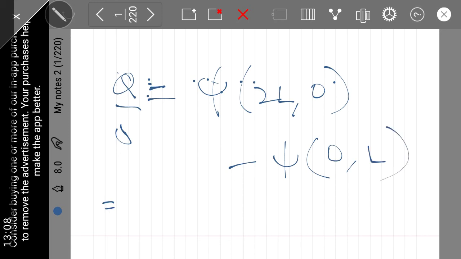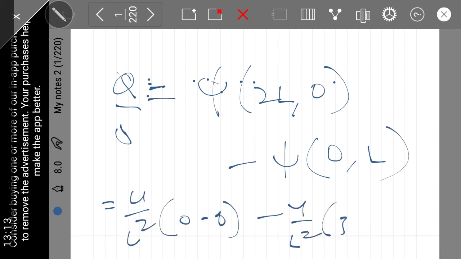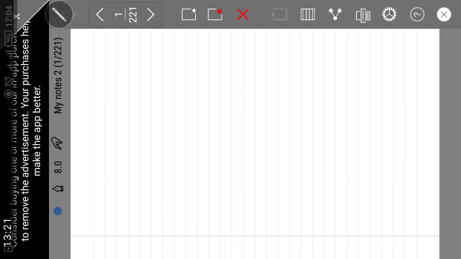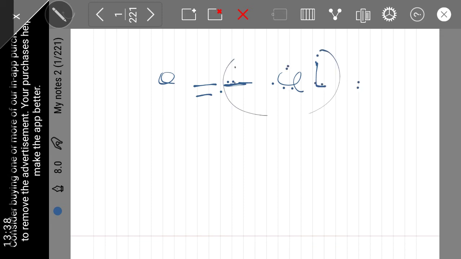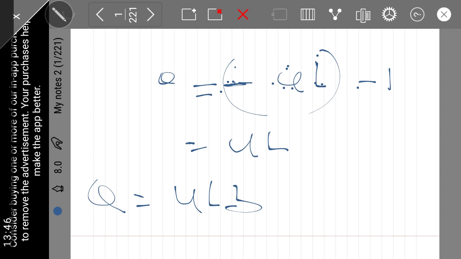We are going to have u over L squared times 0 minus 0, minus u over L squared times (3 times 0 times L minus L cubed). If you simplify further, that term turns out to be 0 minus UL. So minus UL times minus 1 is equal to UL. So that's what you get, and Q is equal to UL times B. This is now the volume flow.